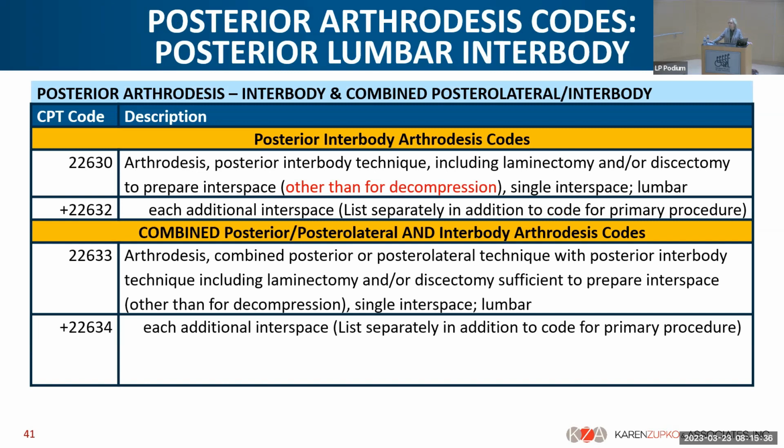Well, Medicare didn't like that. They felt that clinically you remove a lot of bone when you do a T-lift or a PLIF, and typically that amount of bone is enough to decompress that interspace of the spine. So they decided to bundle any decompression codes with the T-lift or PLIF codes.